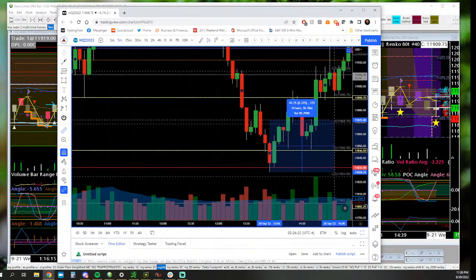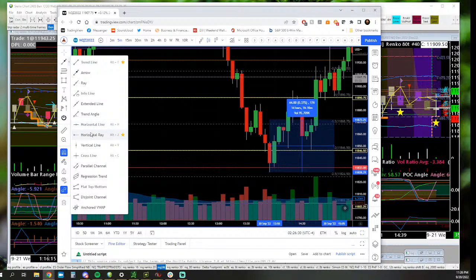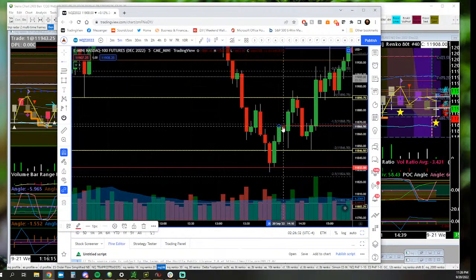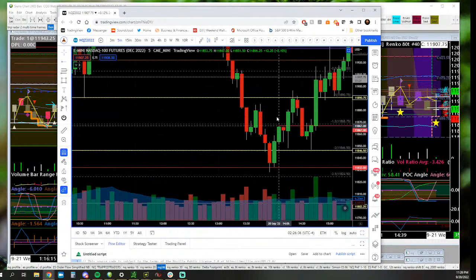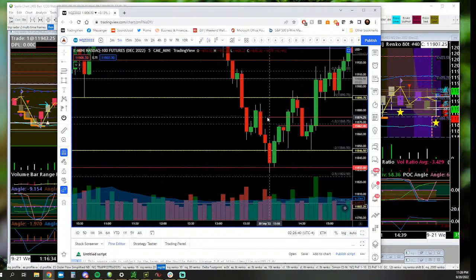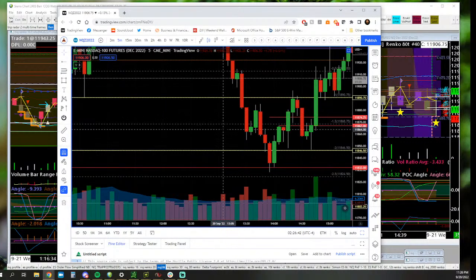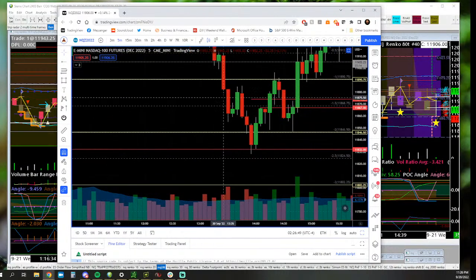Take a measure from the bottom and put a stop right there. I've got the magnet on. The stop goes somewhere like this. It disappeared on me. But it's somewhere like that, and so you'd be capturing that. And that'd be a good trade.